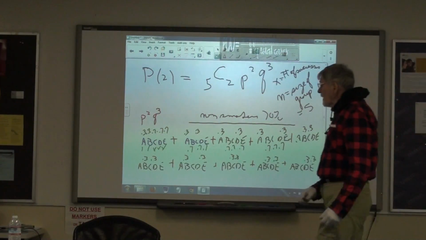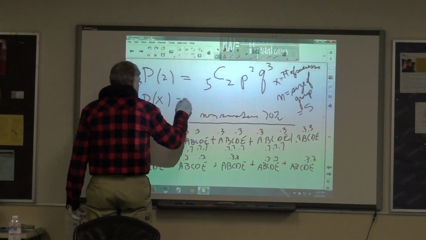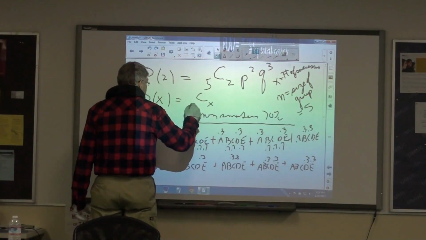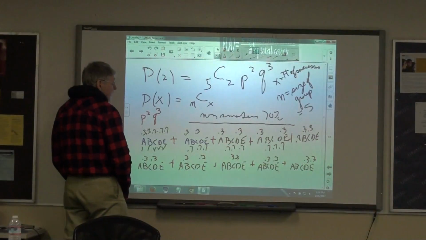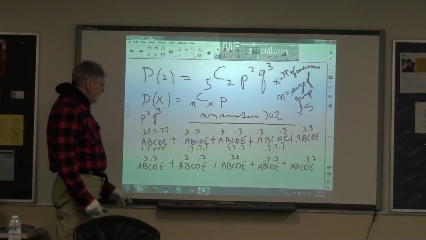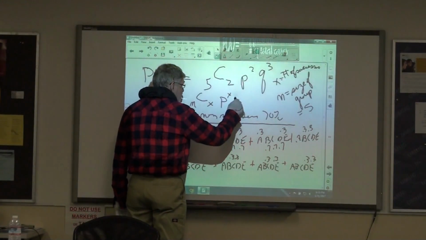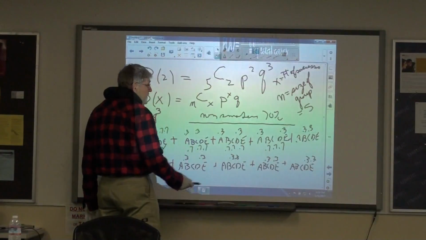So in generalized notation, the probability of finding X is equal to the number of ways you can find X in a pool of N, times the probability of getting X successes, which is P to the X, followed by Q failures, which is 3.